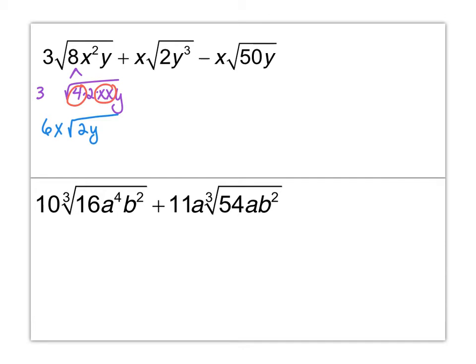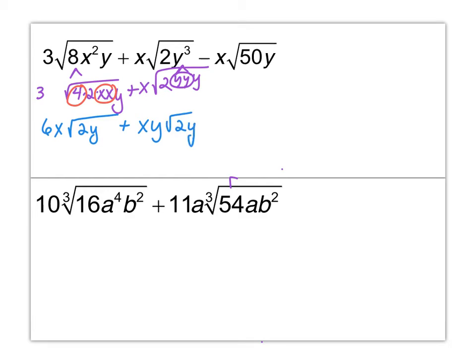Now the second term, x times the square root of 2y cubed, the y can be factored. That's y times y times y, so we've got that pair of y's there that can be simplified. And we can bring that y out in front so that our second term simplified is xy times the square root of 2y.